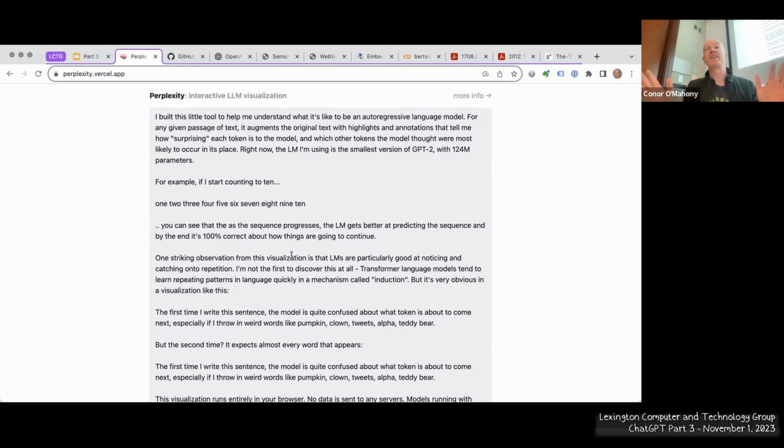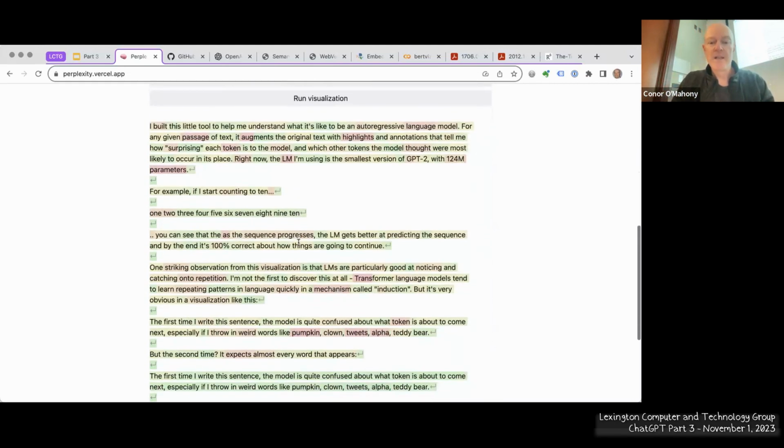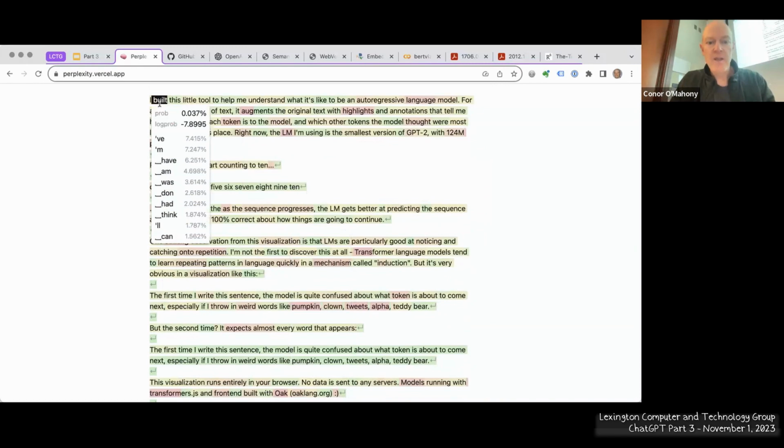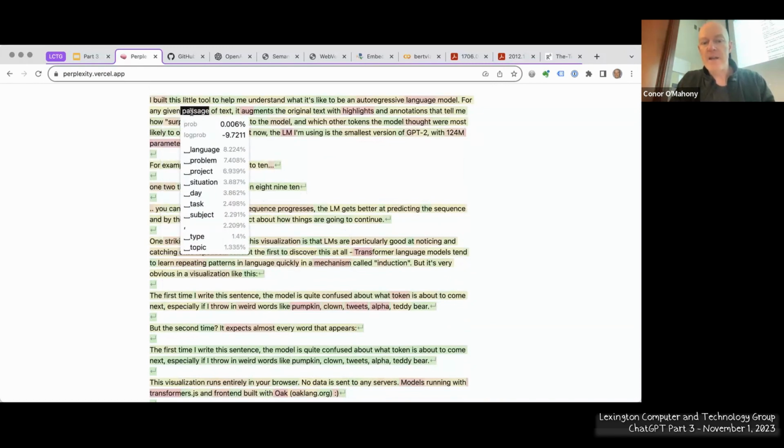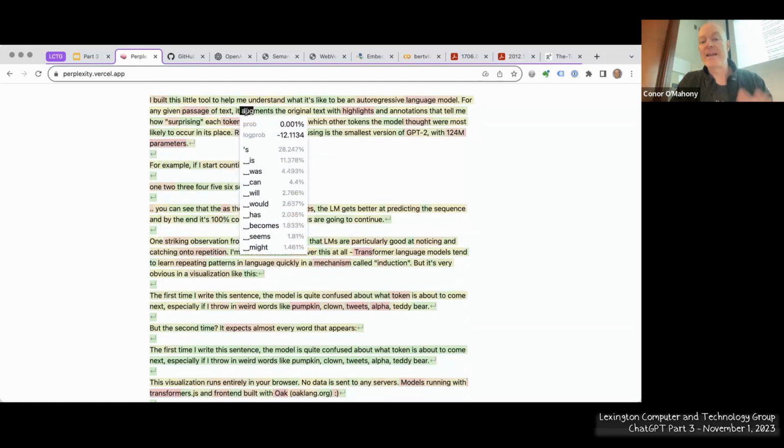So remember I said it doesn't always pick the highest probability word. Sometimes it chooses other words based on a number of factors. And so he goes on here. For example, if I start counting to 10, 1, 2, 3, 4, 5, 6, 7, 8, 9, 10. So here's the text where you can see the probability of the word that it had anticipated if you're to run the model.